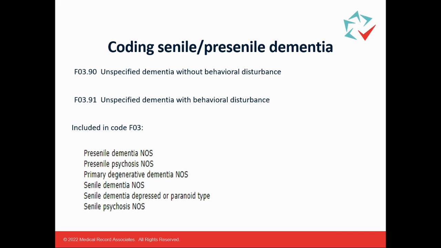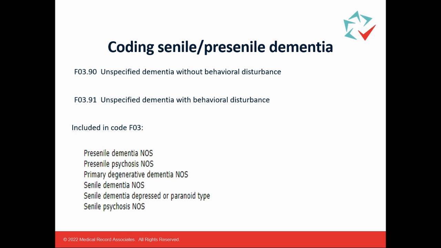And if you look in your coding index, the diagnoses that are included in code F03 are pre-senile dementia, not otherwise specified, pre-senile psychosis, not otherwise specified, primary degenerative dementia, not otherwise specified, senile dementia, not otherwise specified, senile dementia of the depressed or paranoid type, and senile psychosis, not otherwise specified.